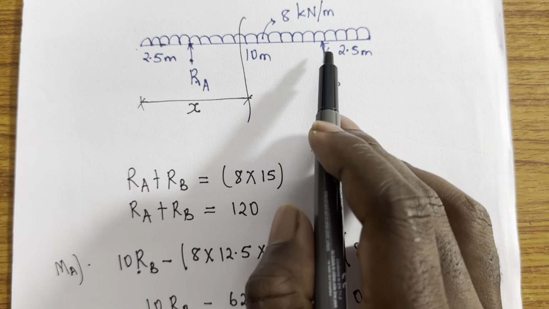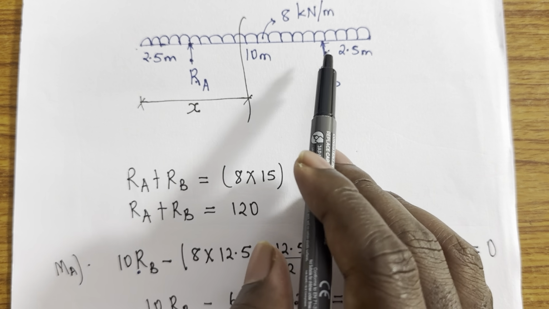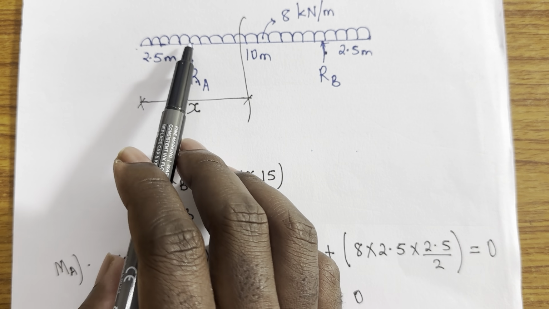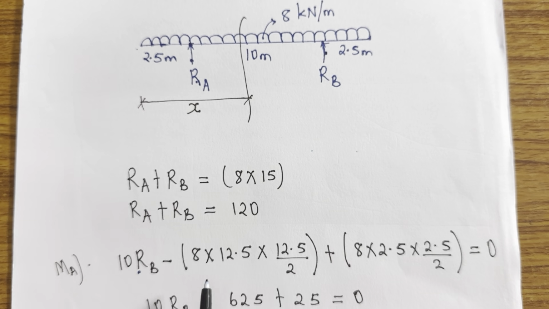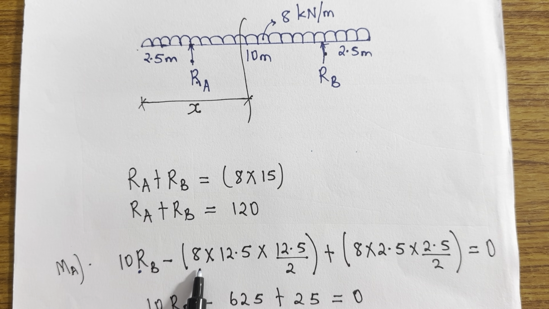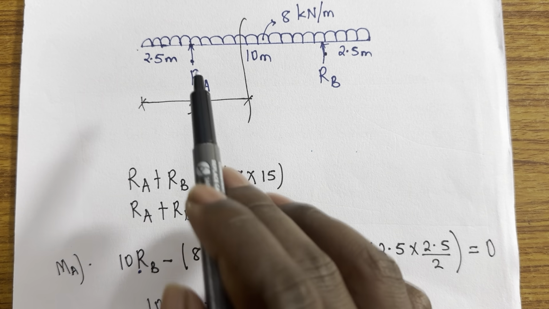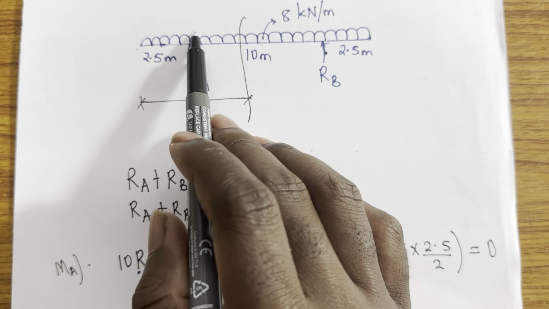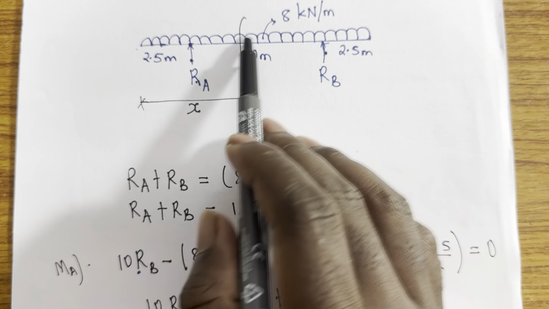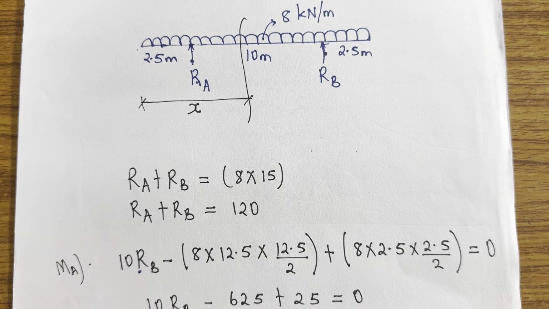Now if this is positive and RB is done, which other force do we have? I have another force here, taking the whole of this UDL from the extreme end up to A, and I'm considering it at once.